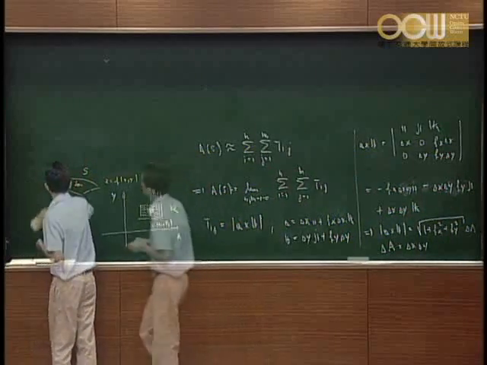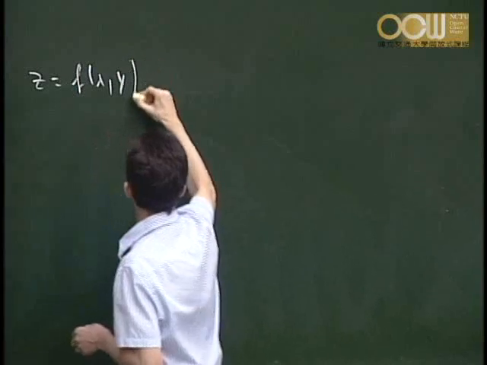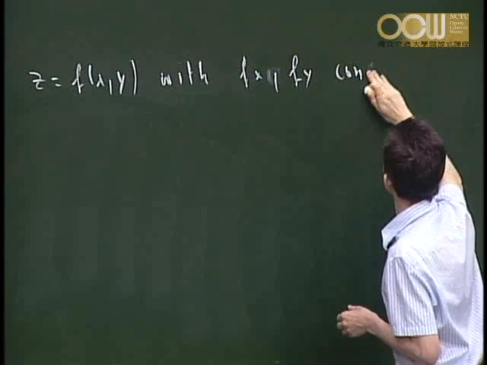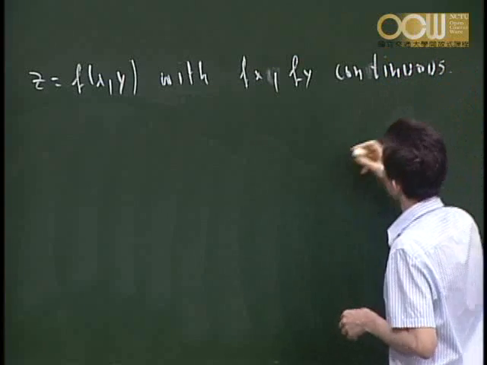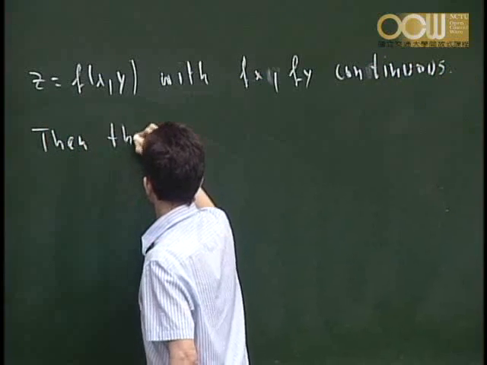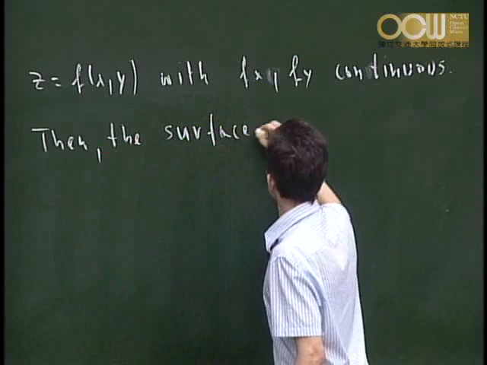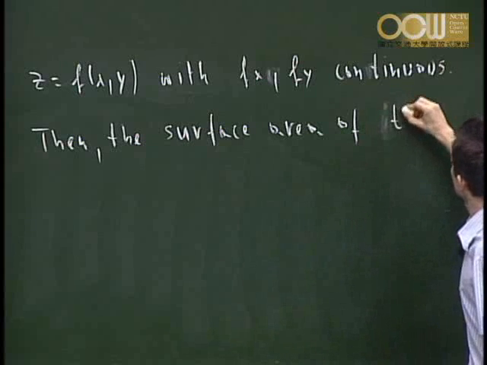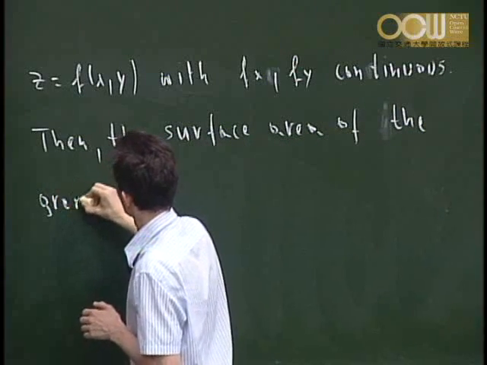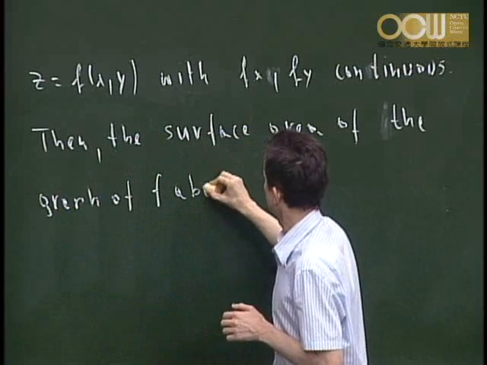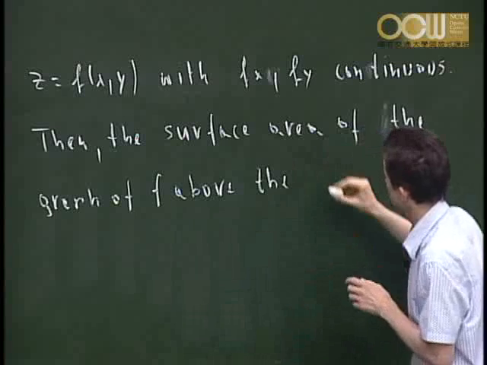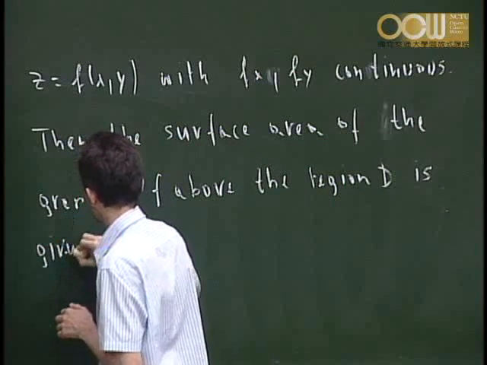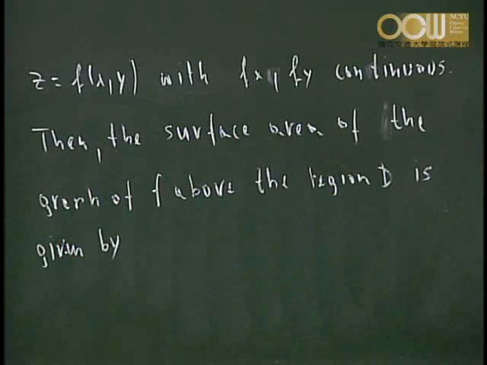Okay, so just to summarize. If we are given a function of two variables with continuous partial derivatives, then the surface area of the graph of f above the region D is given by, actually this is not very precise, because I say above, it's not necessary that the area is above.